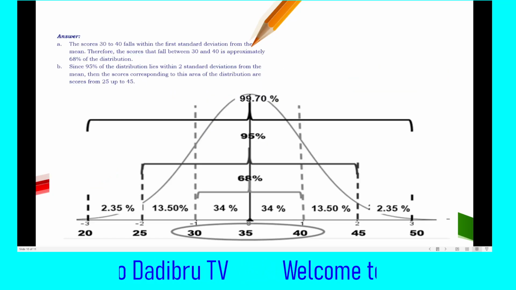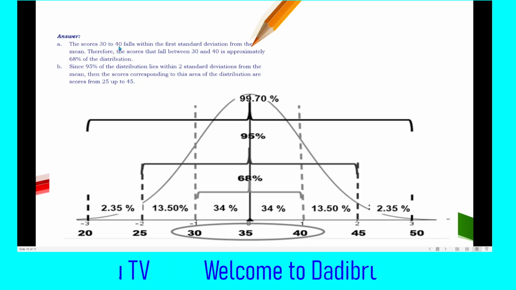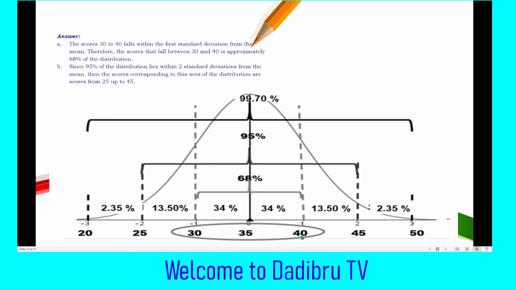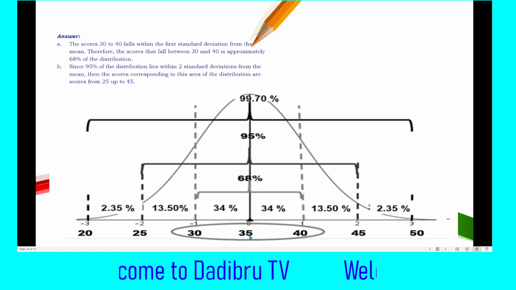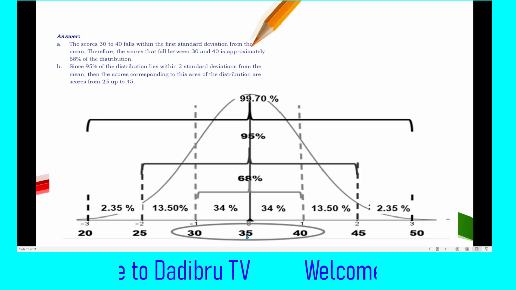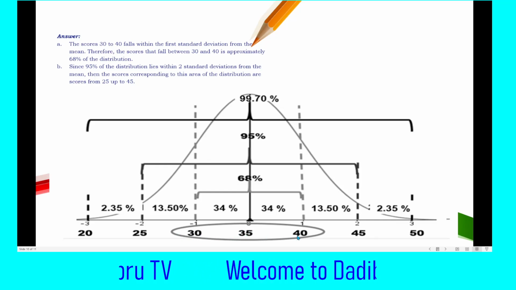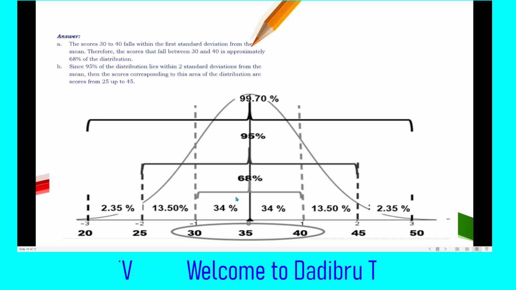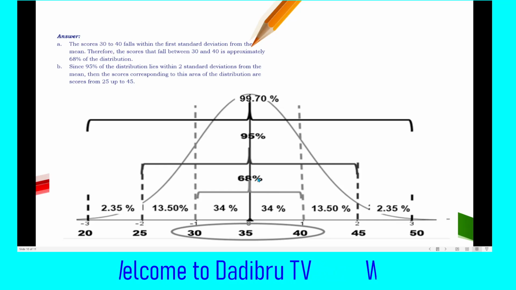Okay, for our solution, for letter A, the scores 30 to 40 fall within the first standard deviation from the mean. Therefore, the scores that fall between 30 and 40 are approximately 68% of the distribution.